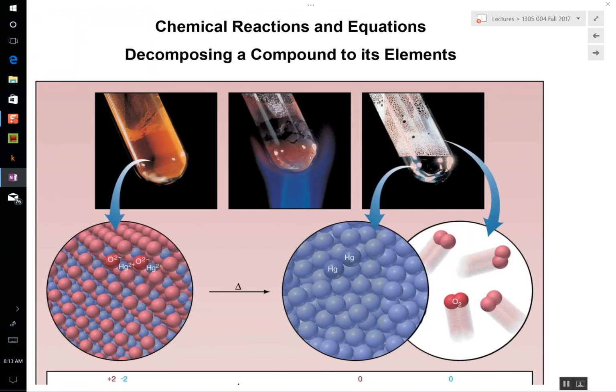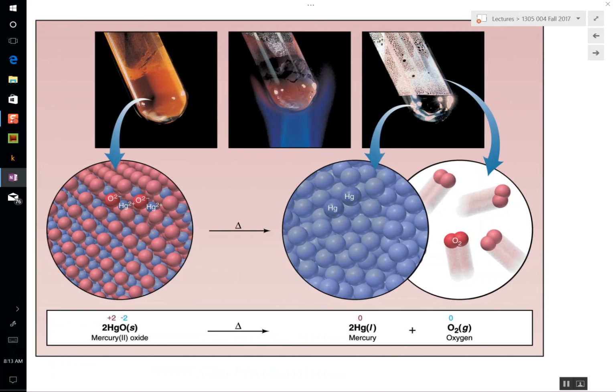And you can see it up here, the liquid mercury. You would definitely want to be doing this in a hood because you'd have hot liquid mercury. Mercury's poisonous. And the oxygen would be leaving as a gas, leaving behind your liquid mercury.